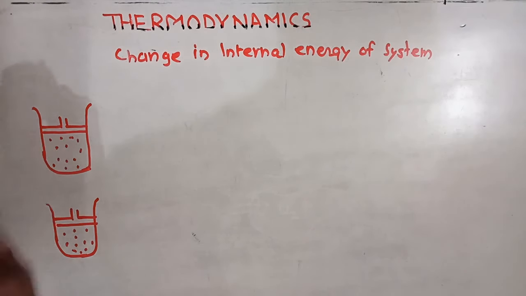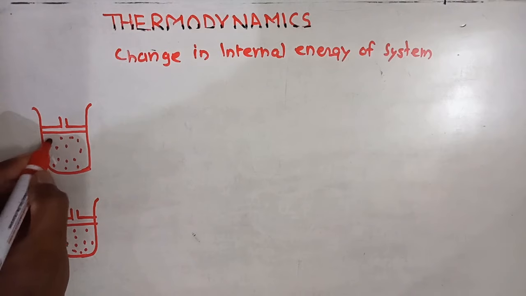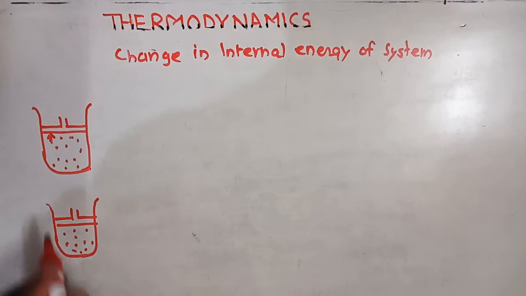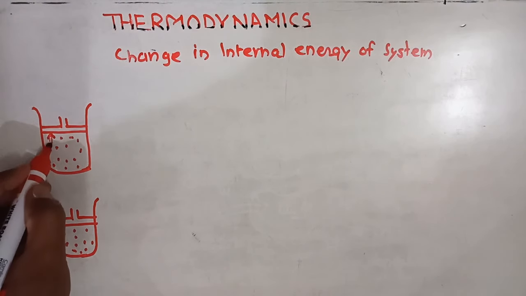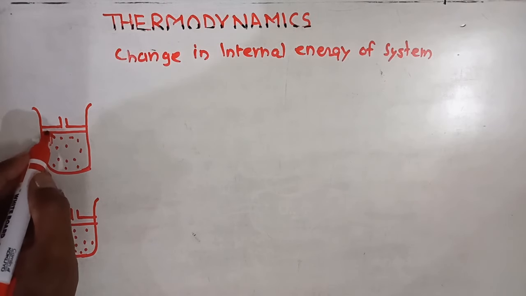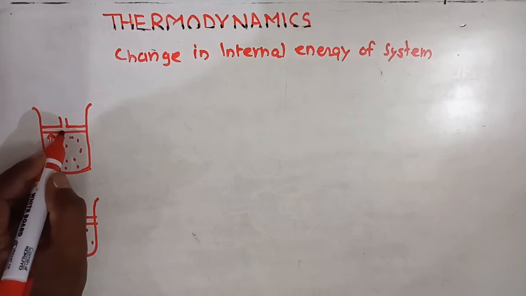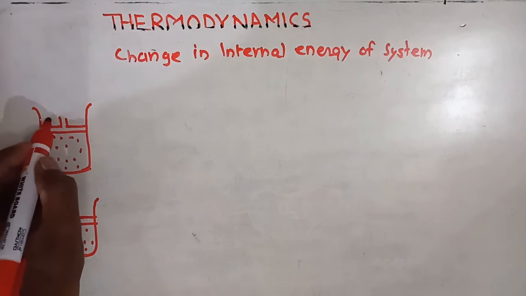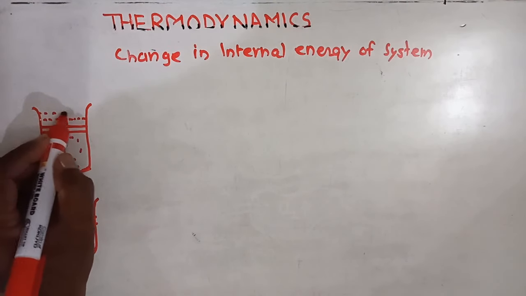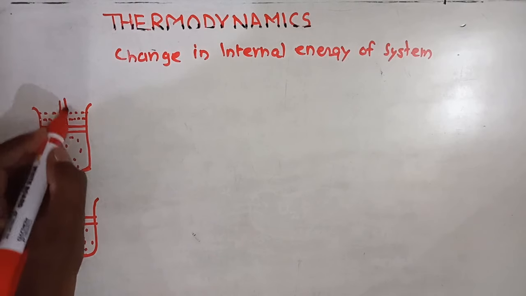Now in the first case, the gas atoms strike the wall of the piston, and when these atoms of gas strike the wall of the piston, they lose their momentum. The momentum is gained by this piston, and this piston is moved in the upward direction as shown in the figure.